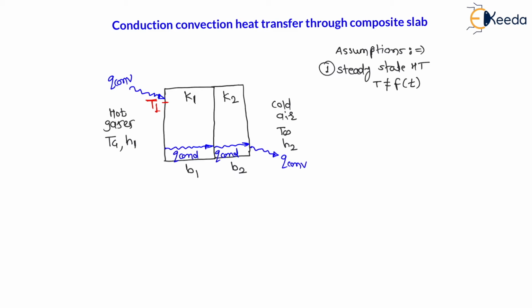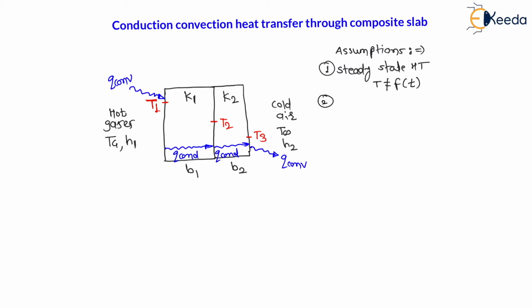Then the intersection of the two slabs is subjected to T2, and the right side of the second slab is subjected to temperature T3. These temperatures are always constant with respect to time. The temperature will change with respect to location, that is distance, only.